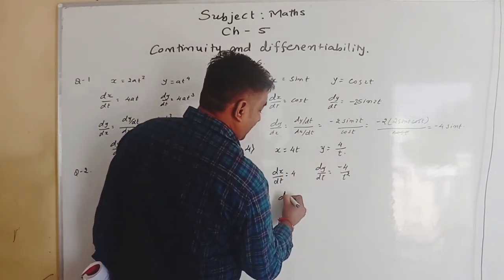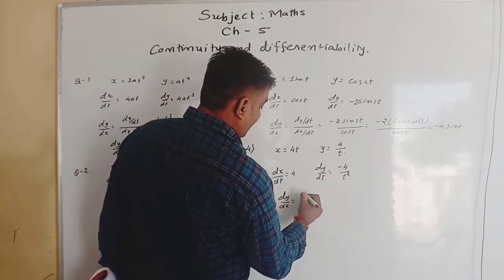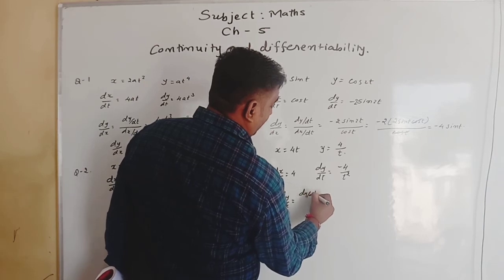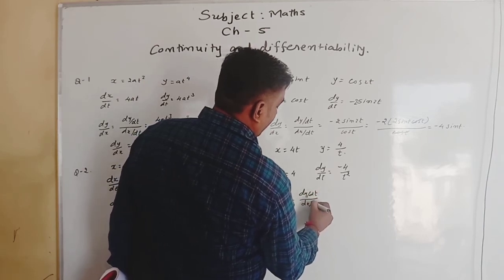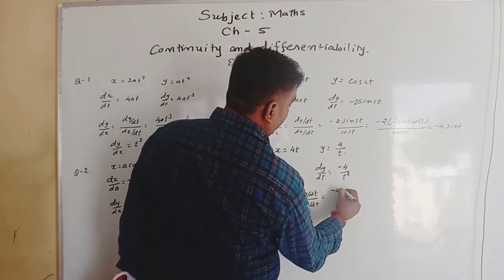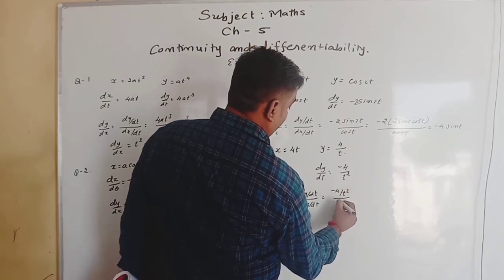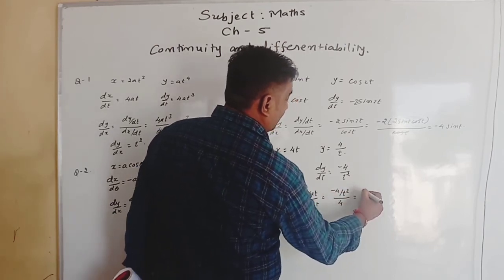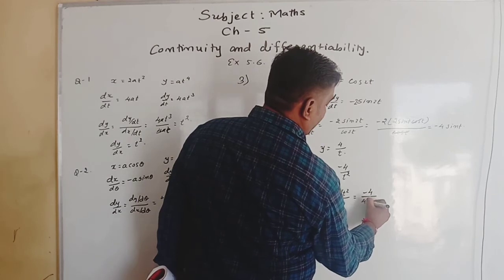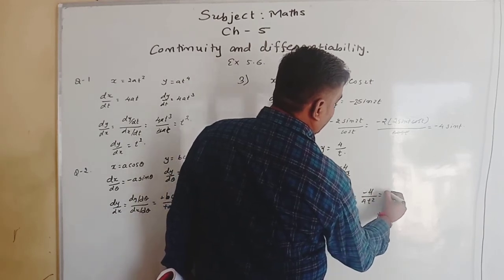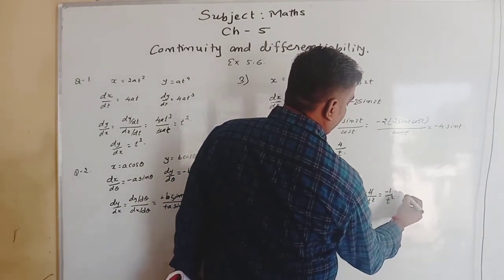So dy by dx equals to dy by dt upon dx by dt, and so it will be minus 4 by t square upon 4, and so it is minus 4 by 4t square. So 4 cancel, minus 1 by t square.